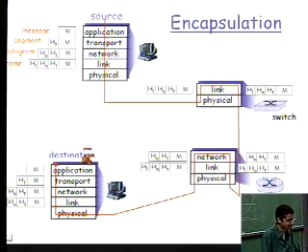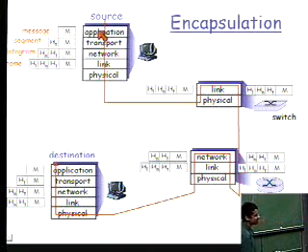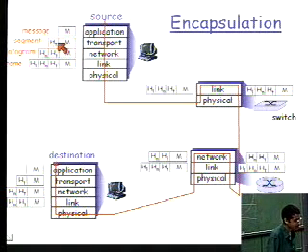So this application and this application as a source and destination understand what this M message means. At the source, this application will hand over this packet to the transport layer, and the transport layer will add its own header. This header gets attached to the message.